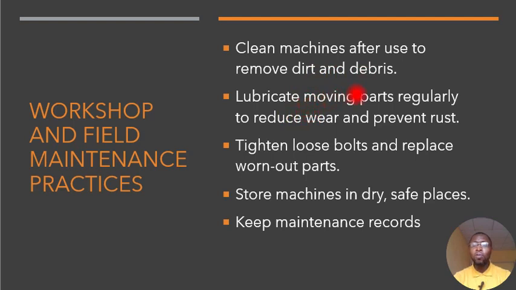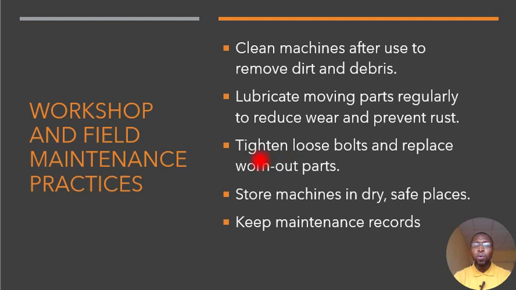Another thing is to lubricate the moving parts regularly to reduce wear and prevent rust. The moving parts should be lubricated weekly to ensure that they do not wear out.